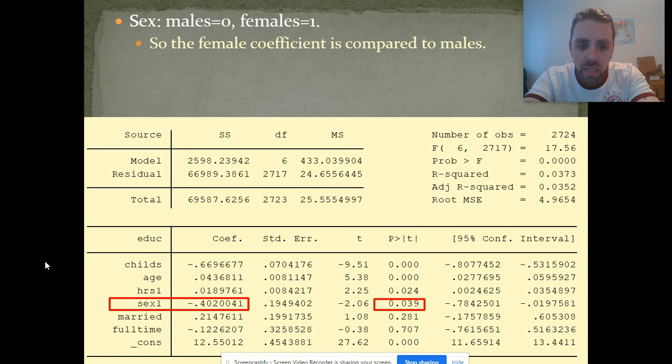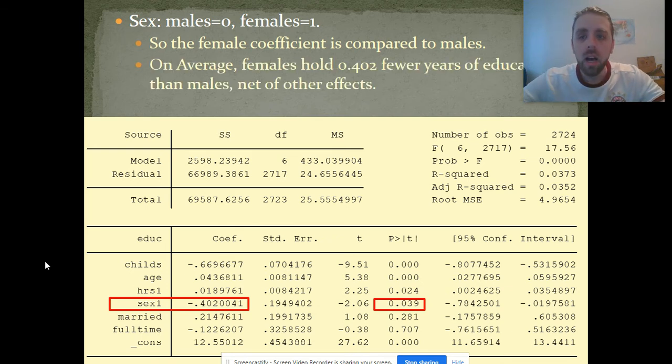Some of you wrote down that males have a lower level of educational attainment than females here, and that's not actually what's happening. On average, here's my interpretation. On average, females possess 0.402 fewer years of education than males, net of other effects. It is the effect of being female as compared to being male.